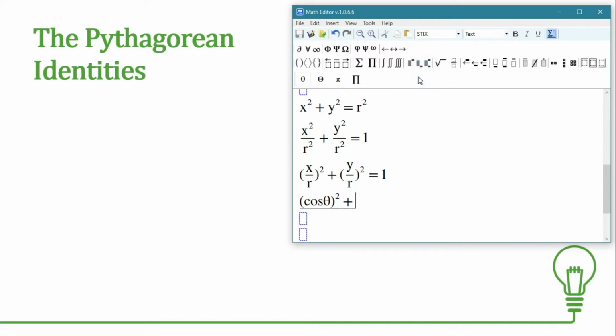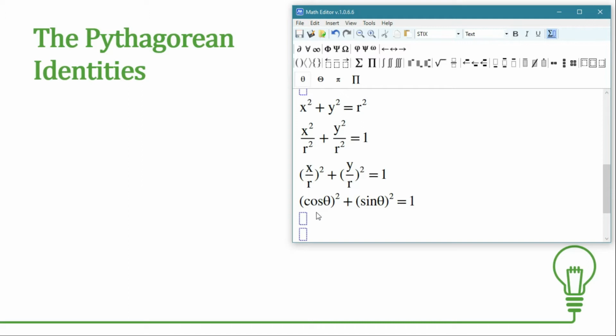And we can replace y over r as the sine function of the angle, meaning we have the square of the sine function of an angle, and that is equivalent to 1.